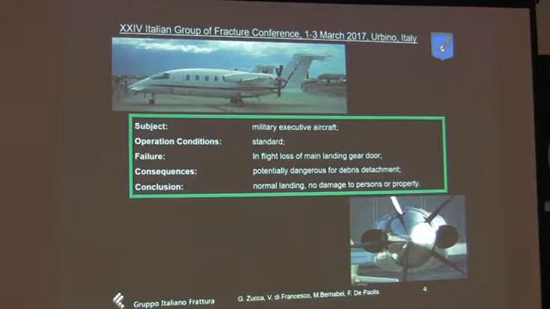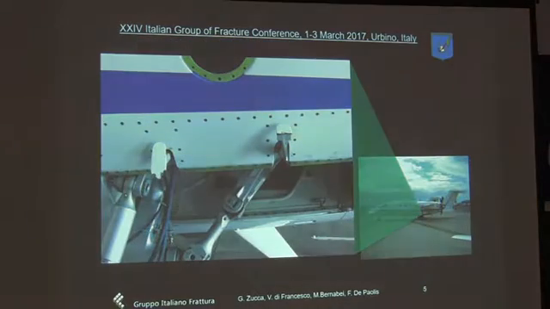But this is not enough to avoid searching for the reason of the failure. So this is the piece of metal, this is the missing piece, and those are the two elements of our investigation, the two hinges, the only two constraints between the door and the fuselage.